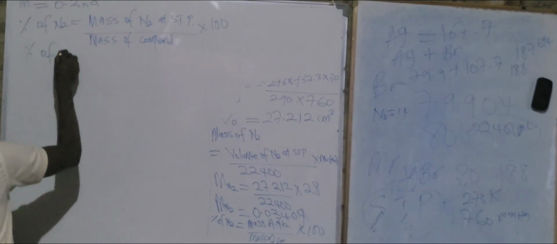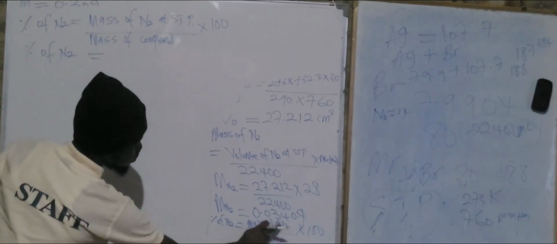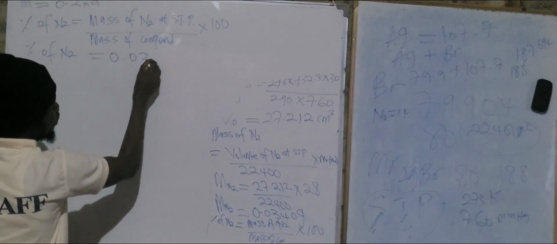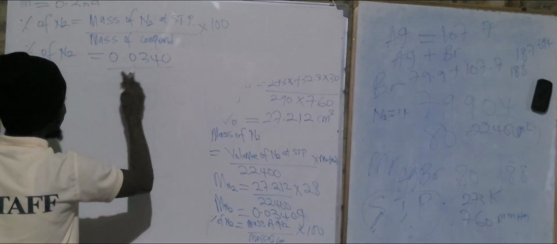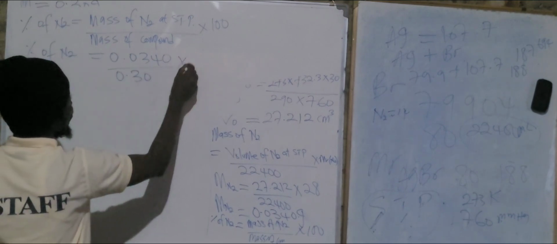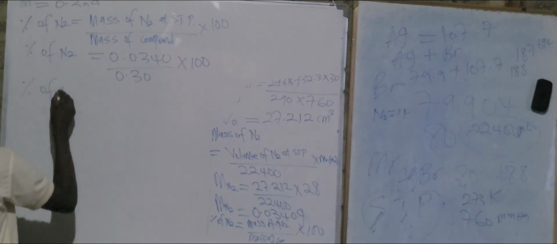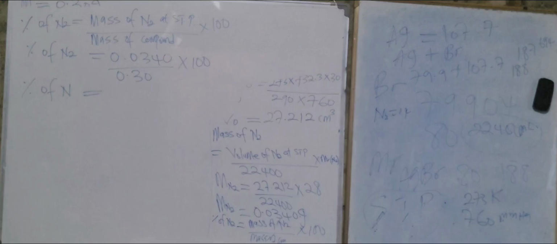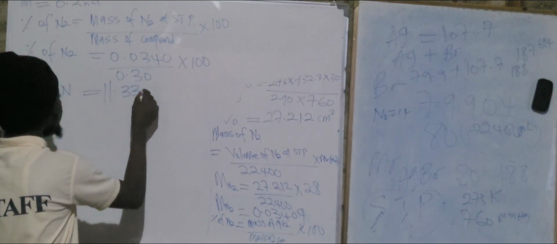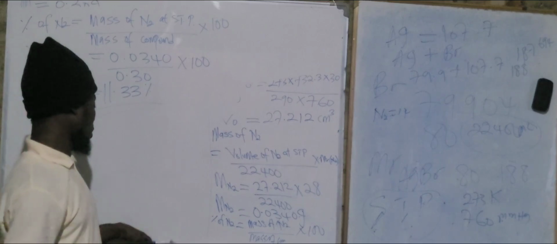Percentage of nitrogen is equal to mass of nitrogen, 0.0340, all upon mass of the compound, 0.30, multiplied by 100. This gives you 11.33%. That's all.